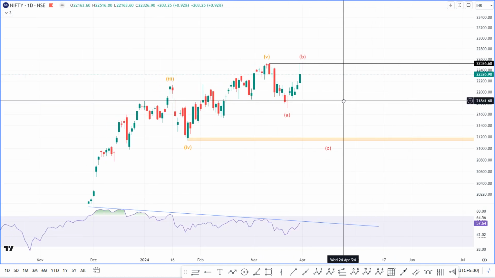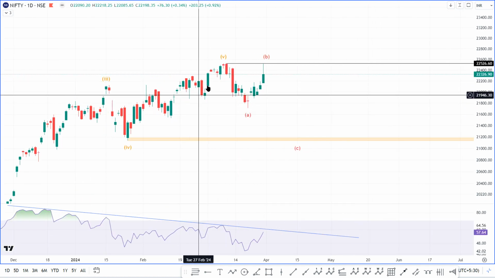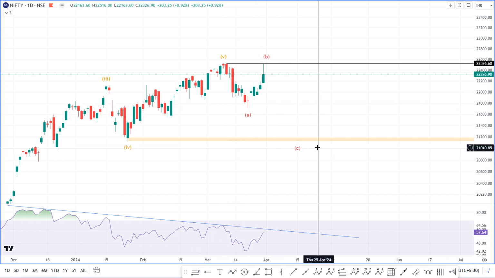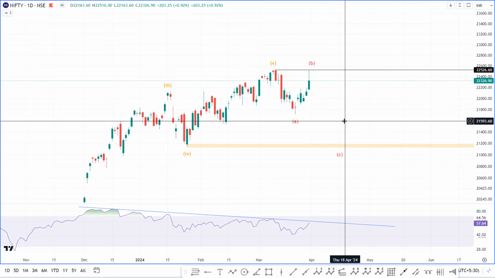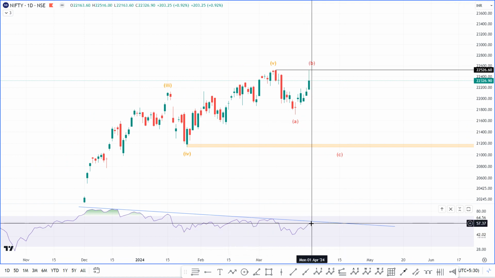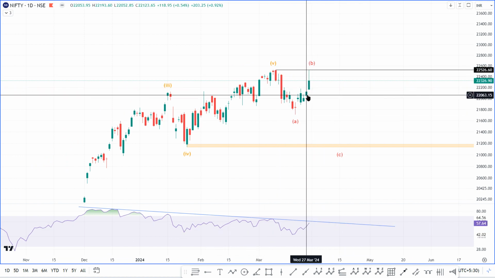Okay. So yeah. So we had our conclusion that this is ABC. C can go up till here. The second fact, also, see, if you see over here, now as we said, the wave two has to go.